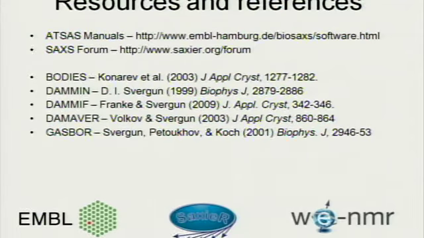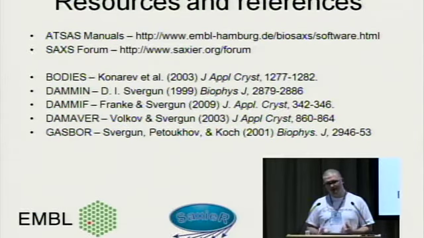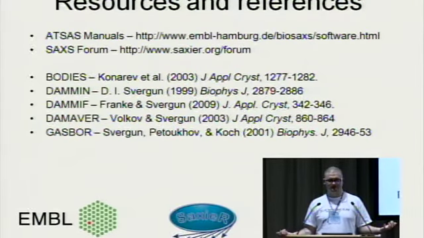And if you have a very flexible or intrinsically unfolded protein, then you cannot really model it, because this would mean that this protein exists in multiple conformations in solution, and you cannot really come up with one averaged model of it. So does that answer your question?